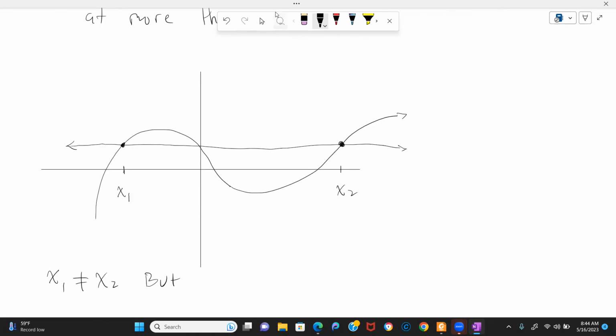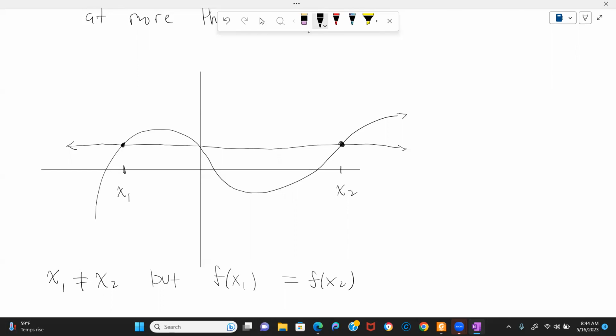Now first of all, we know x1 and x2 are distinct, because they have to be two different points where the horizontal line intersects the curve. But we also know that f of x1 actually equals f of x2.